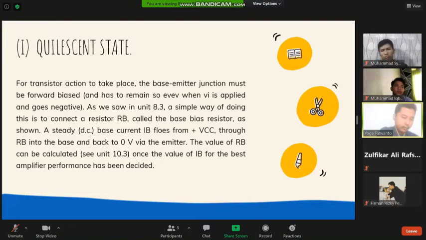A steady DC flows. Base current IB flows from plus VCC through RB into the base and back to zero voltage via the emitter. The value of RB can be calculated. See unit 10.3. Once the value of IB for the base is known.